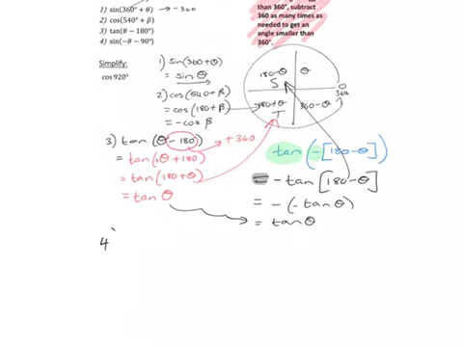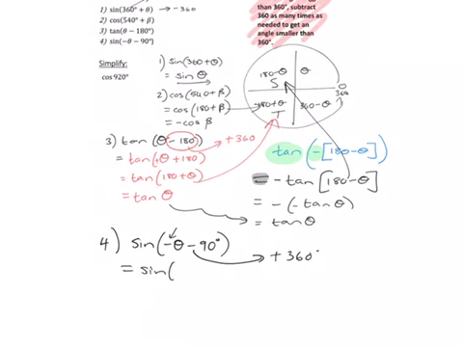Then for number 4, sine of negative theta minus 90 degrees, right? And again, because I've got negative, don't worry about this theta piece. Worry about the number. Because I'm on negative 90, I can add 360 degrees to that. But then it gives me something that is a bit problematic.